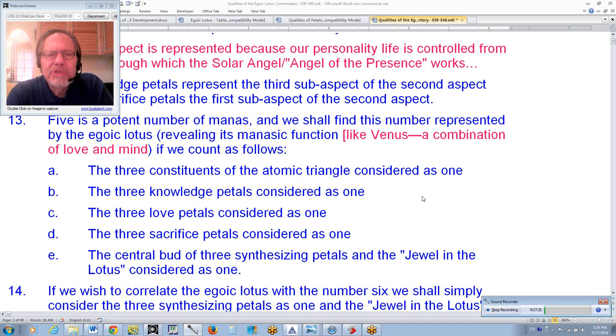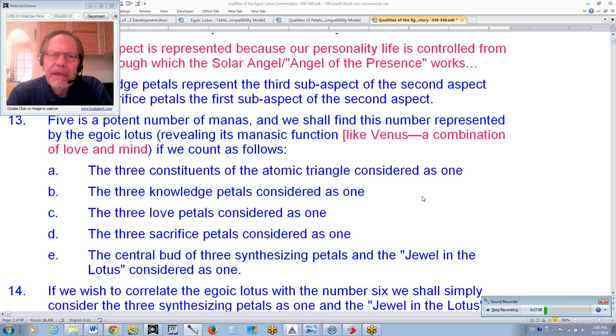The 3 knowledge petals is 1, the 3 love petals is 1, the 3 sacrifice petals is 1. And the central bud of 3 synthesizing petals and the jewel in the lotus, as I said, are often considered as a unit. The 3 and the 1 as a unit. And then you just add these together and you get your 5.